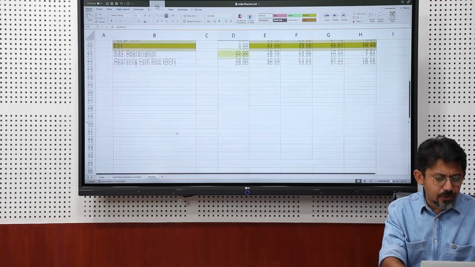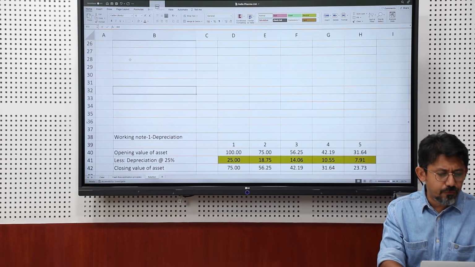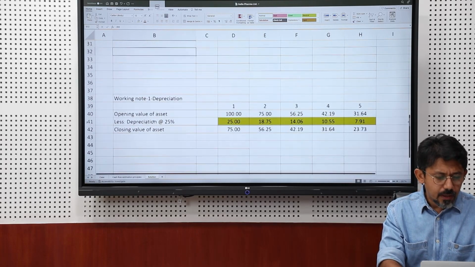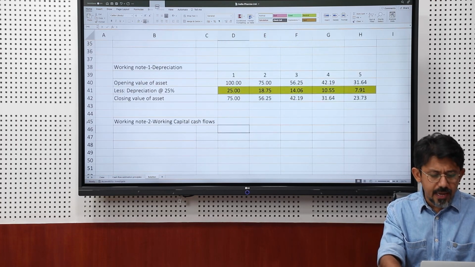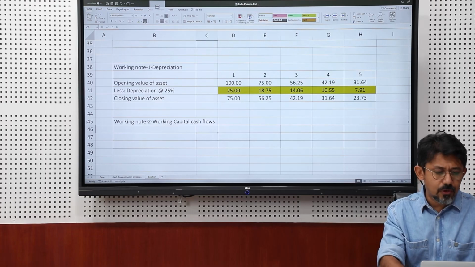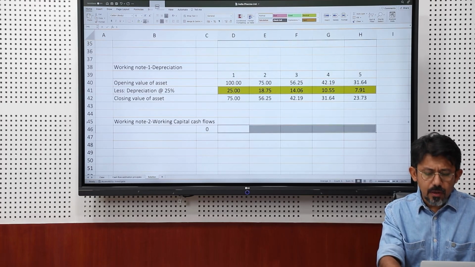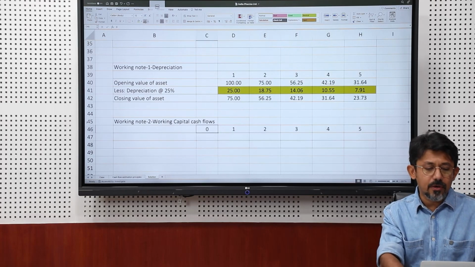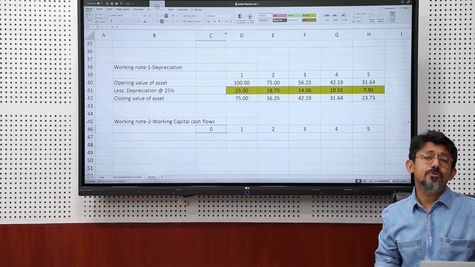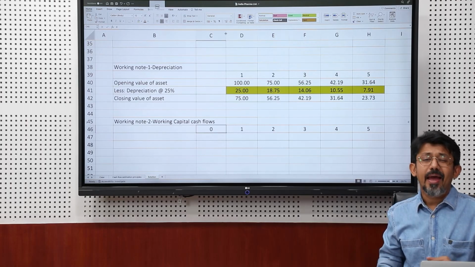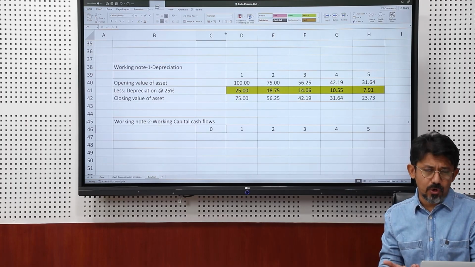So, let me calculate the working capital for you first. That is a working note on working capital. Again, we do a 5-year calculation, and we also look at year 0, because year 0 is today, and today is when you start off the project, and today is when you invest the money for working capital.